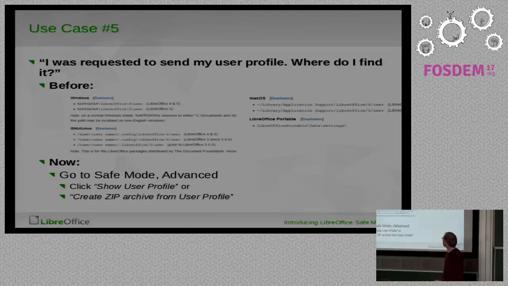On Windows it is in AppData, LibreOffice, for user, and on Linux it is in the home directory, .config/LibreOffice, for user, etc. Now you can find that folder by going to Safe Mode, where there is an advanced section. There you can either click a button to show the user profile folder, or directly create a zip file out of it, and do whatever you want with that zip file.